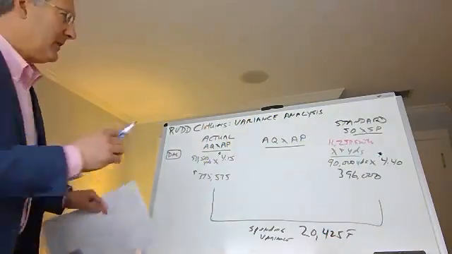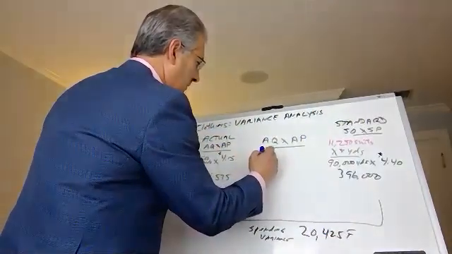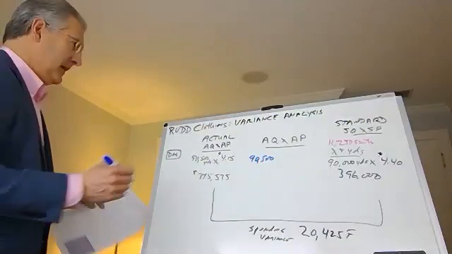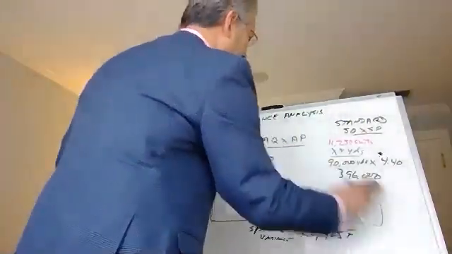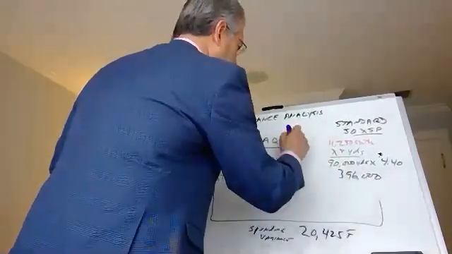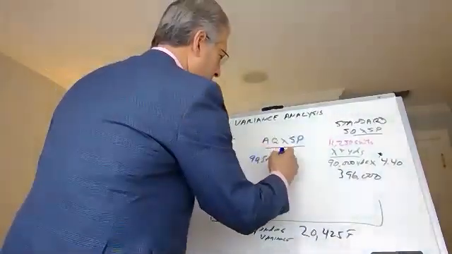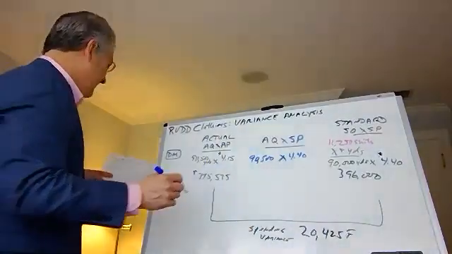So we go to the middle here and we see the actual quantity was 90,500 yards. And the actual, I'm sorry, this is a wrong number here. This is the wrong format. This is supposed to be SP, and that should be $4.40.